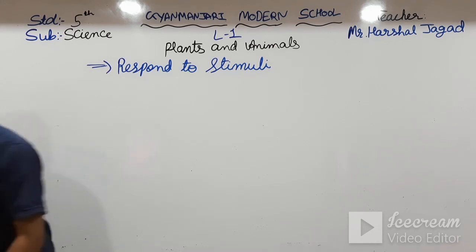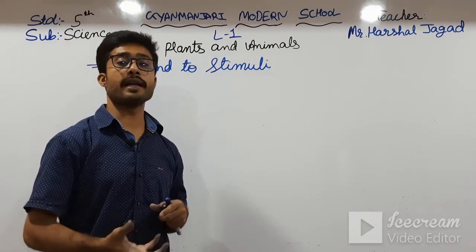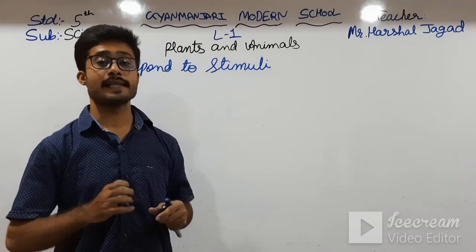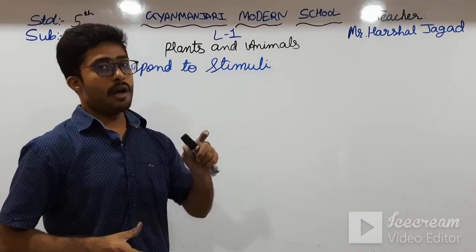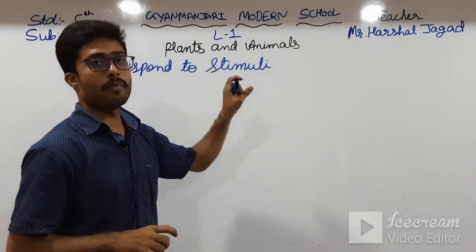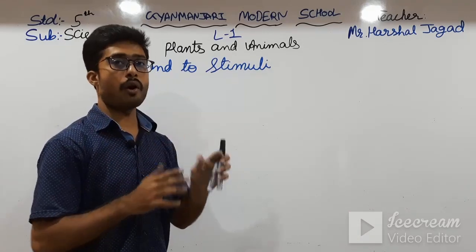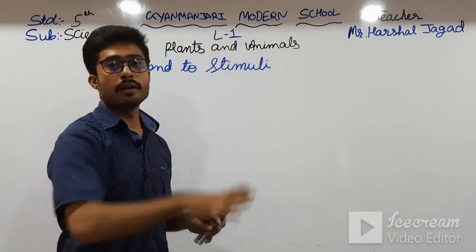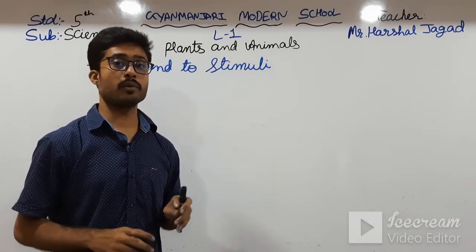If we talk about animals, they respond quickly to stimuli. Okay students, how do they respond? If we are sitting near the window and a bird comes and sits there, and we clap loudly, then the bird will fly away, which means they respond to the stimuli.